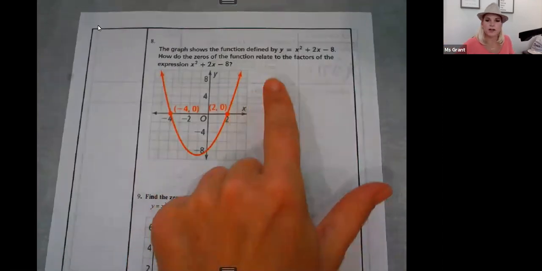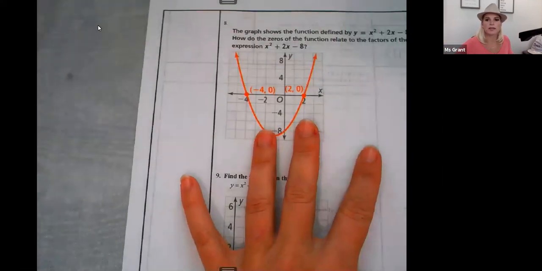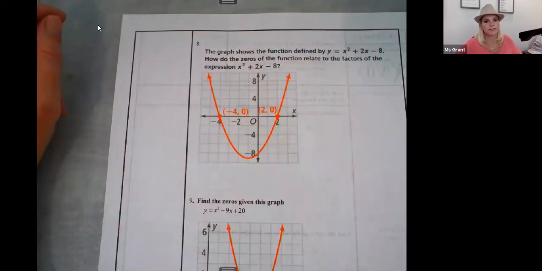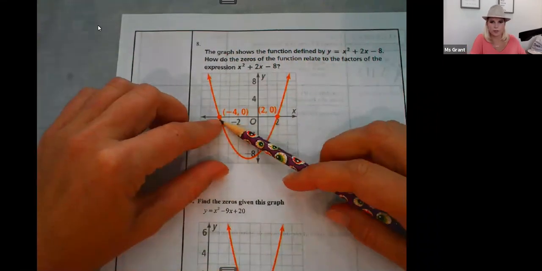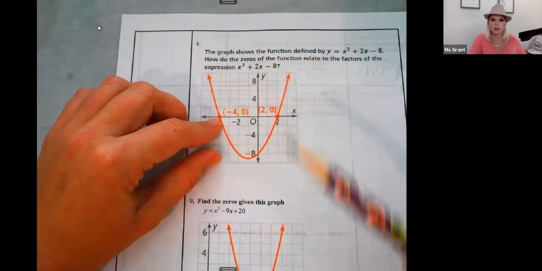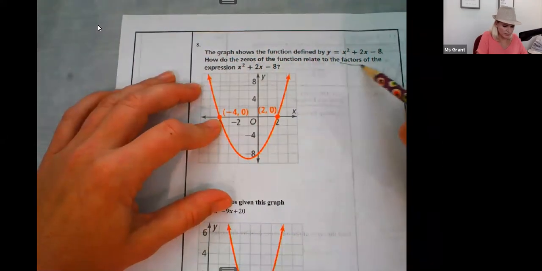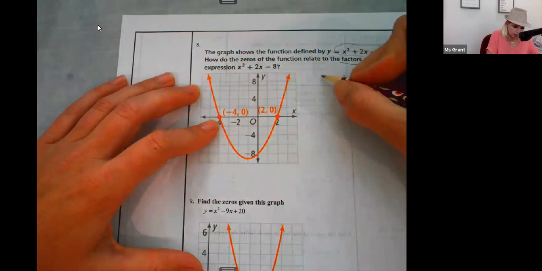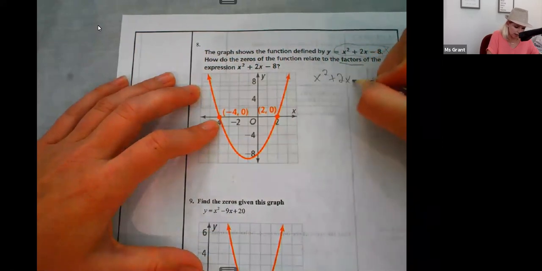The graph shows the function defined by y equals x squared plus 2x minus 8. How do the zeros of the function relate to the factors? My x-intercept is -4, and my x-intercept is positive 2. Well, what are the factors of this trinomial? x squared plus 2x minus 8.